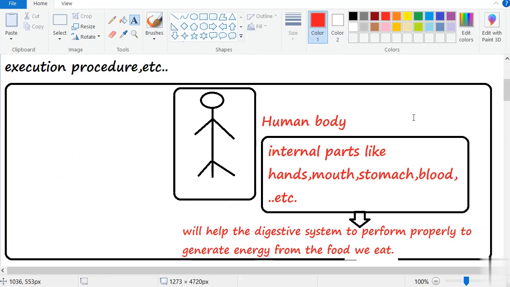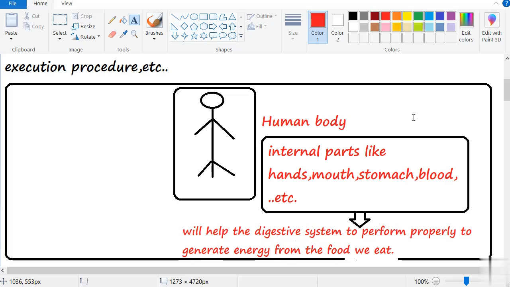So all these points we have discussed. The human body has internal parts like hands, mouth, stomach, blood, etc. What do these internal parts do? They help the digestive system perform properly to generate energy.